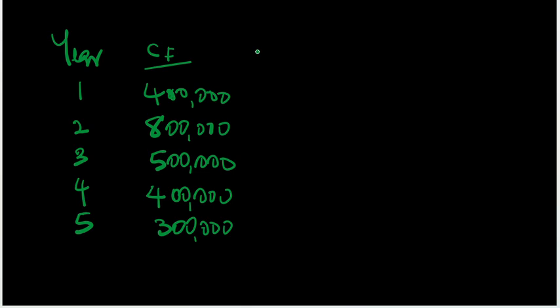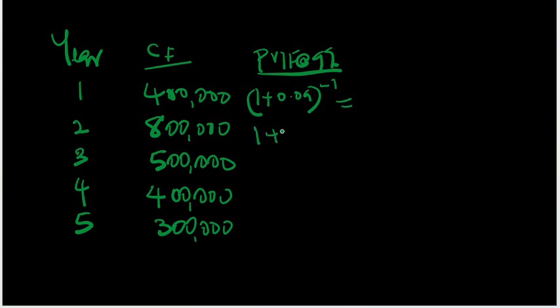Then we have to get what we call the present value interest factor at 9%. For year 1, it is going to be 1 plus 0.09 raised to negative 1. For year 2 it is 1 plus 0.09 raised to negative 2.